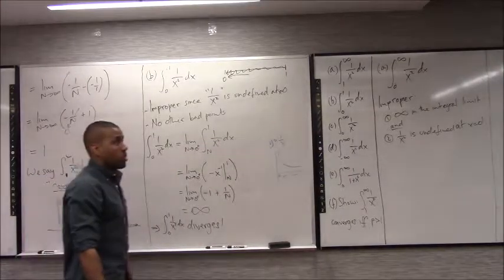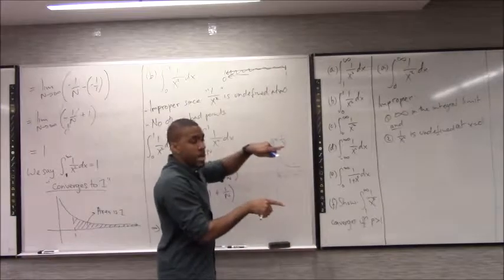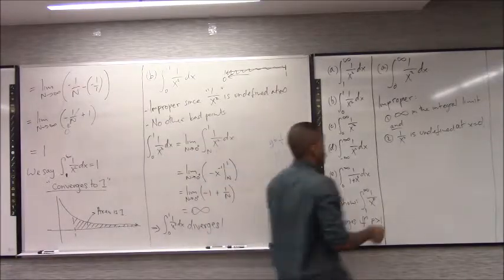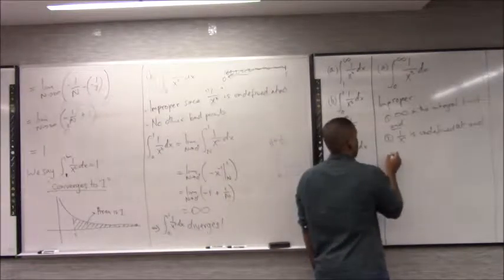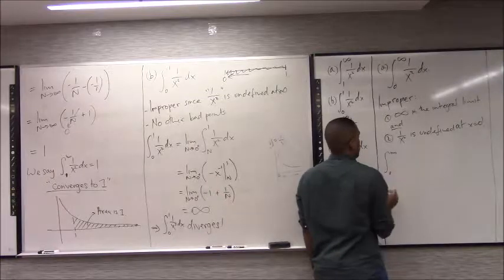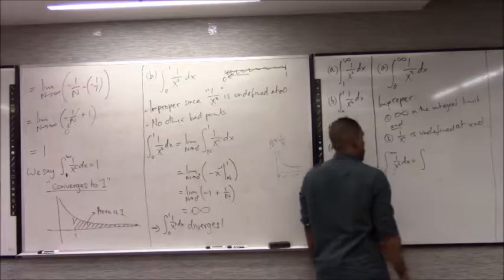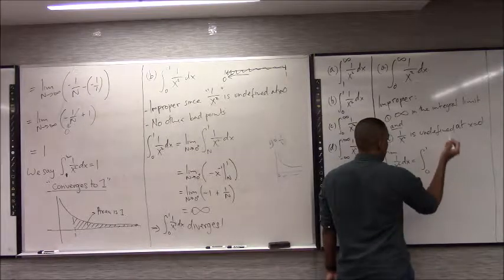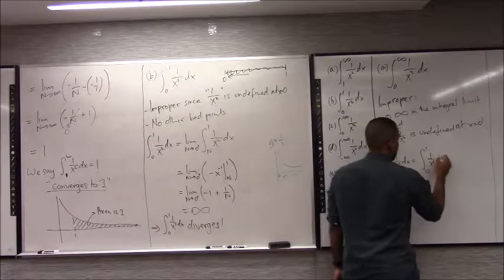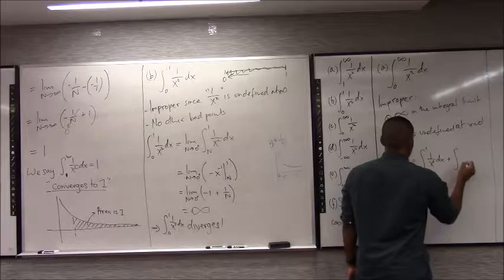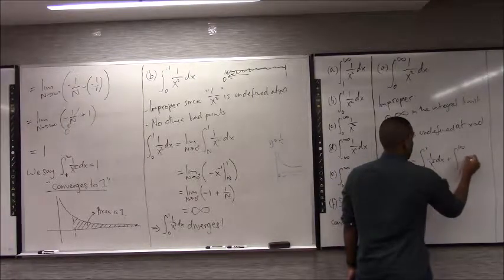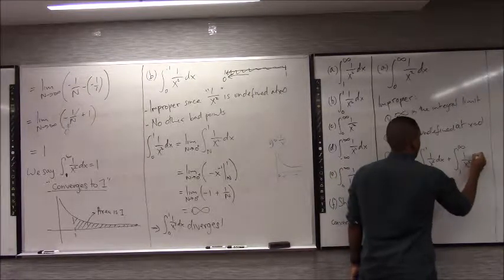We have to break it up, because notice that there are 2 bad points here. So if I have 0 to infinity of 1 over x squared dx, I'm going to replace this with 0 to, say, 1 of 1 over x squared dx plus, say, 1 to infinity of 1 over x squared dx.